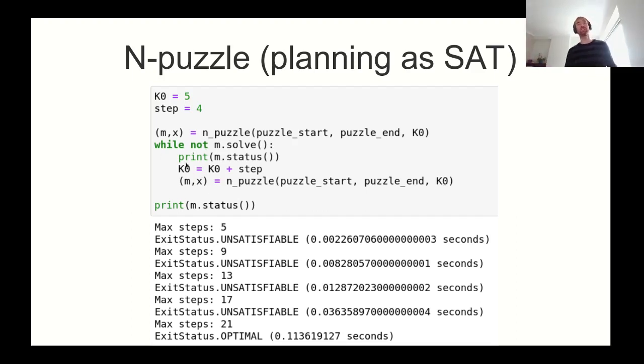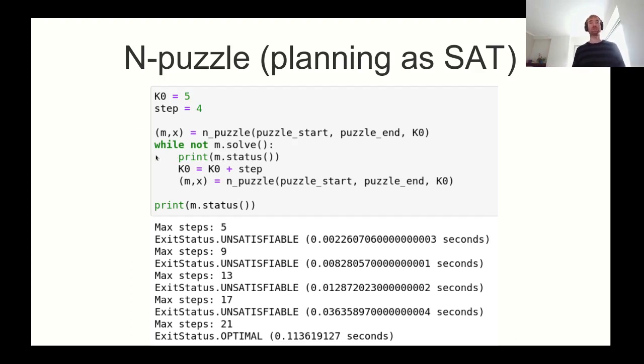Okay, and if we do this, then we can see that it's fairly quick to determine that there is no solution that can be found. And then at 21, it says, yes, now I can find a solution, and you're done. Okay. So because we're in this programming language, this is actually quite easy to write down and automate.